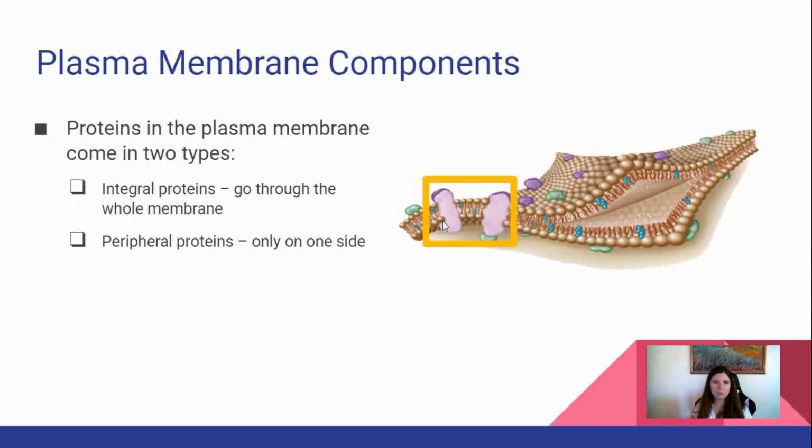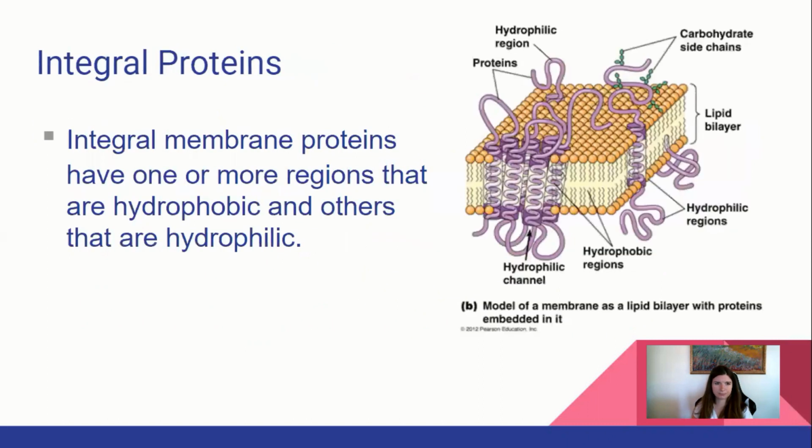And there's also a portion that goes directly through, so sitting between those non-polar fatty acid tails of our phospholipids. There are also peripheral proteins, and they stay on one side of the membrane. We're really going to focus on the actions of integral proteins in this course.